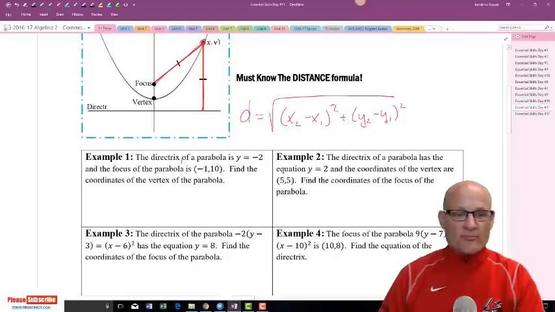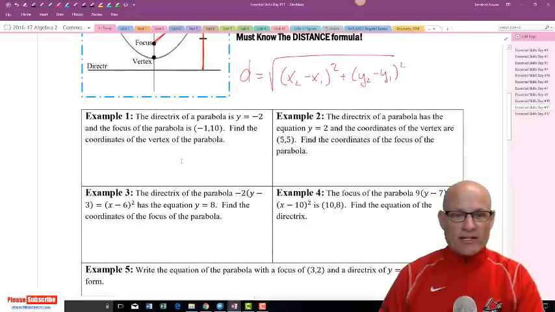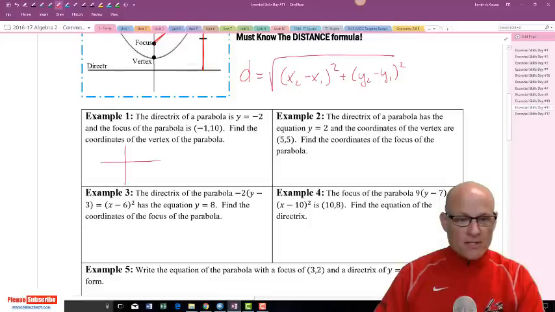So this one says the directrix of a parabola is y equals -2 and the focus of the parabola is (-1, 10). Find the coordinates of the vertex of the parabola. All right, that's pretty straightforward. (-1, 10) is the focus. y equals -2 is the directrix.